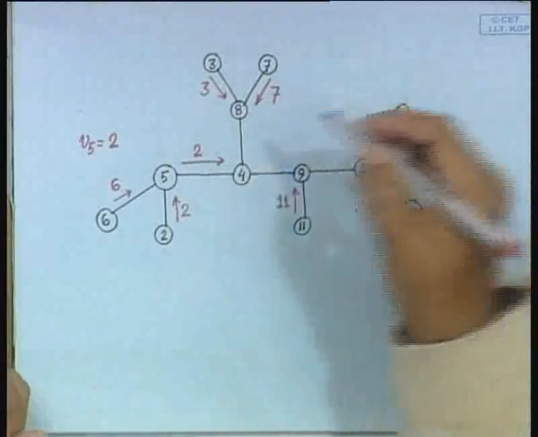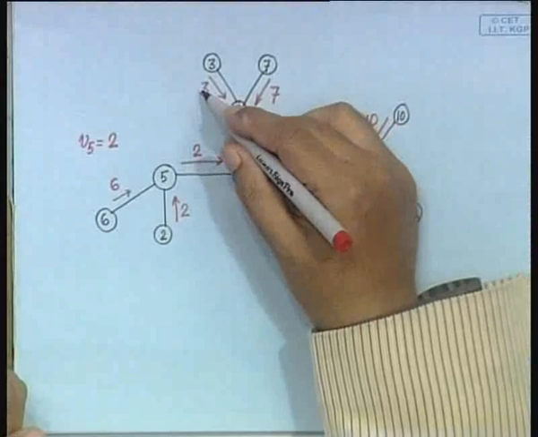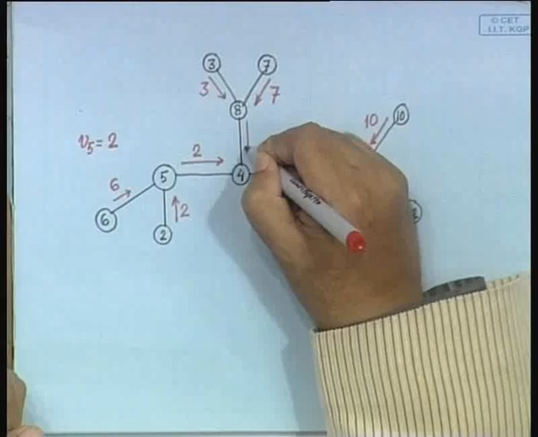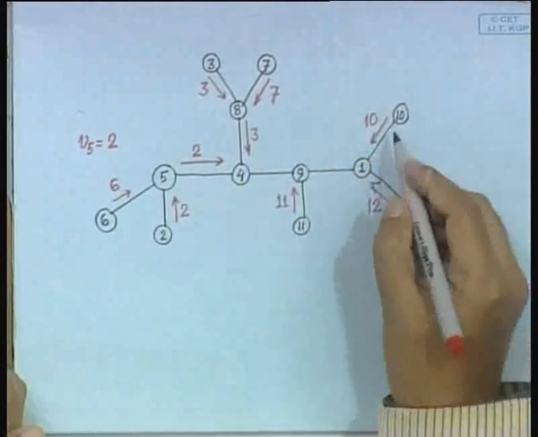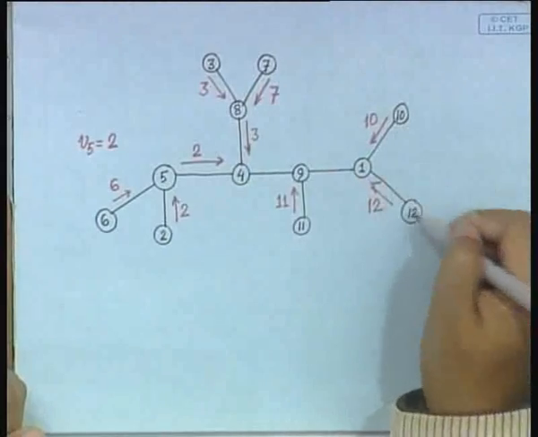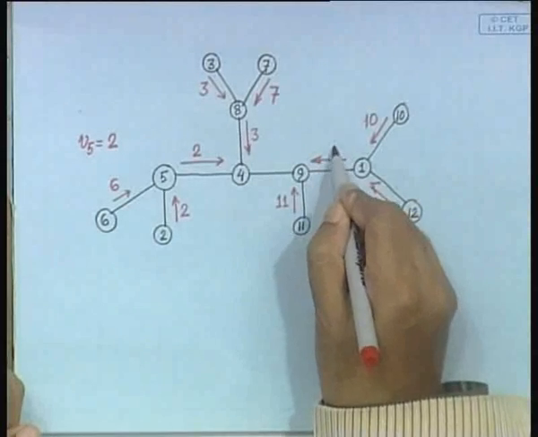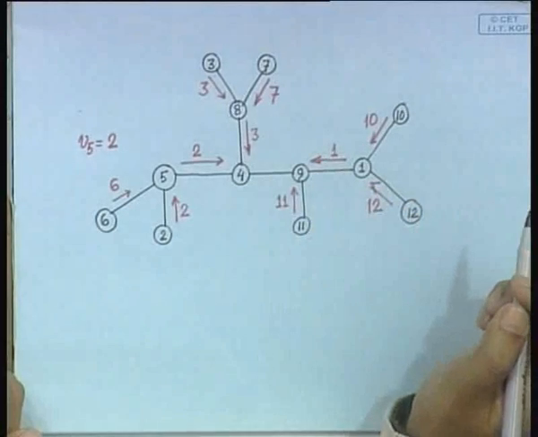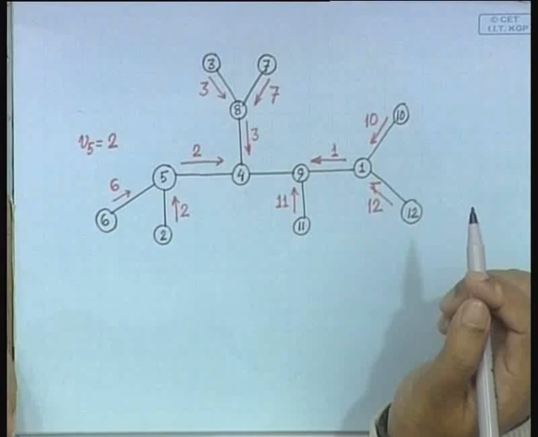What is 8 going to do? Between 3, 7 and 8, 3. So, it will send 3, right. What is this going to do? 10, 12 and 1, it will send 1. Okay. Right.